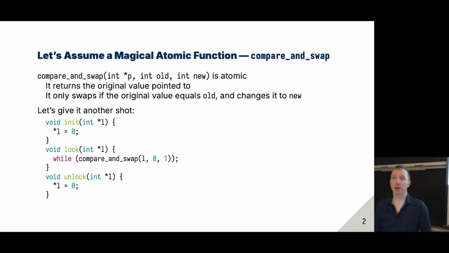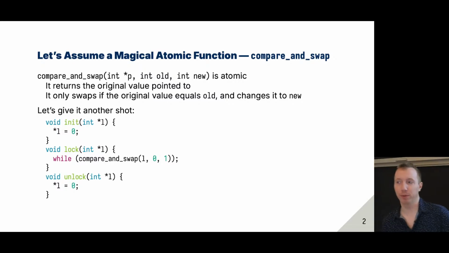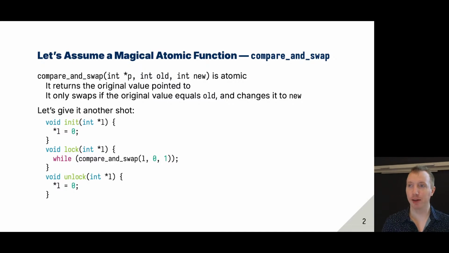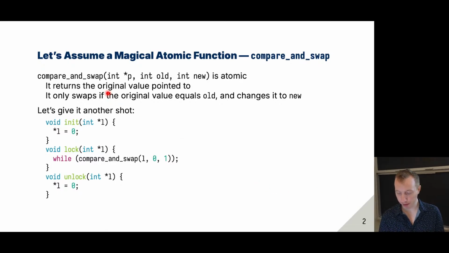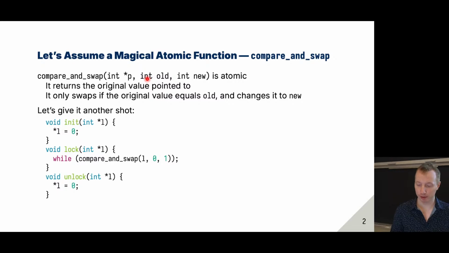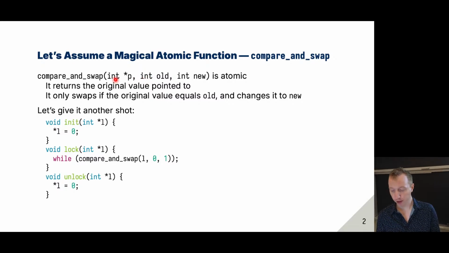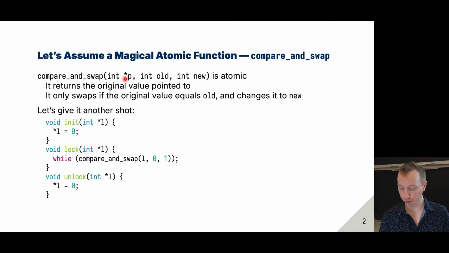So we're going to assume the real-life situation where we have hardware support for atomicity. So we will assume a magical atomic function, and this is what we will use to implement our mutex. The generic name is compare and swap, and if it was represented as a C function, it would look like this. It takes a pointer to an integer, which is the memory location that I am trying to modify.